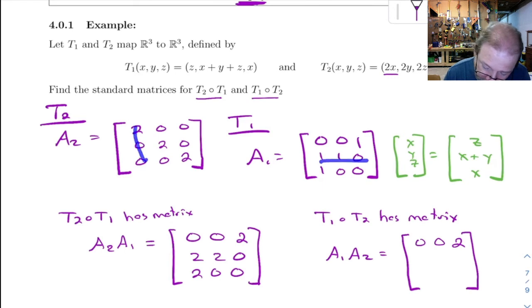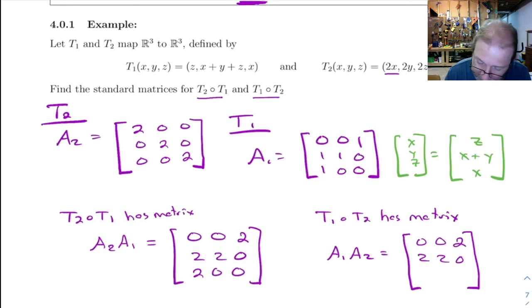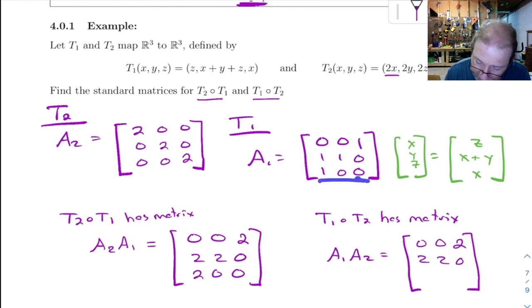So we do it across here, we're going to get 2, 2, 0. And then the last one is just going to give us the top entry. So we'll get 2, 0, 0. All right, so those are the standard matrices for these two composite maps.